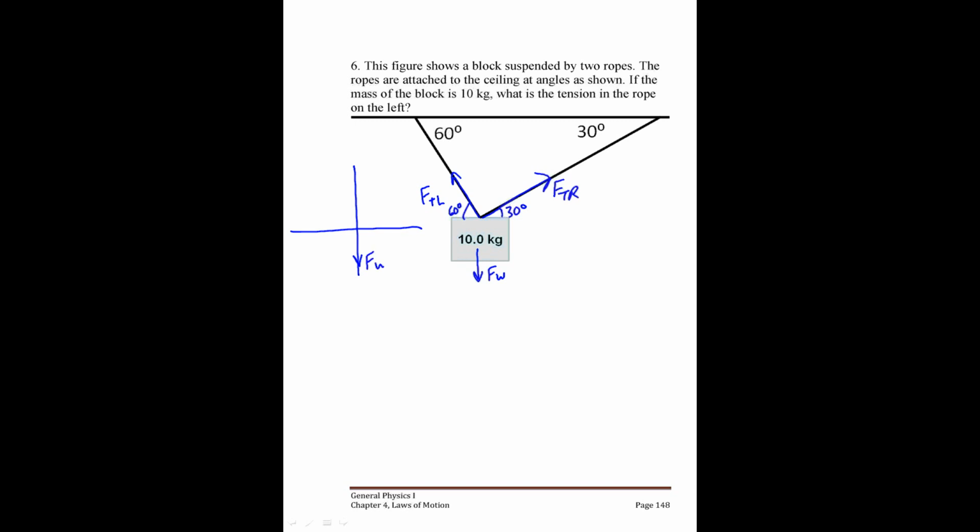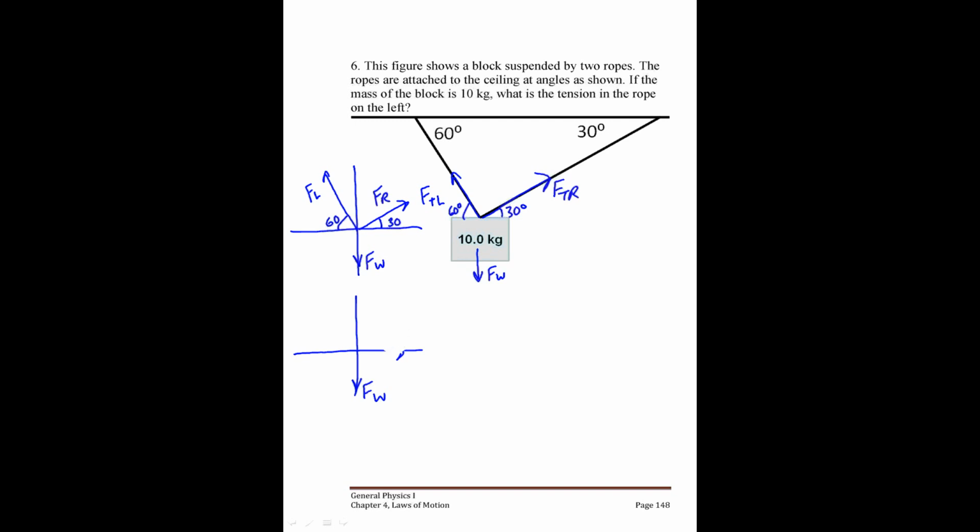So I have FW. It's useful just to keep everything straight. I'll just call this FR. This is at 30 degrees. And then I have FL at 60 degrees. Now I'm going to resolve my vectors. Let me write that down below.